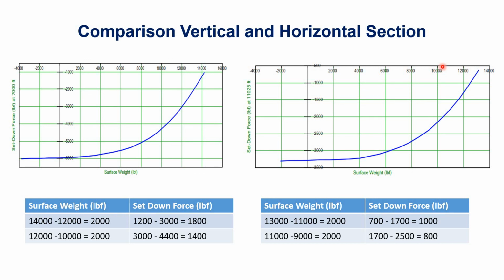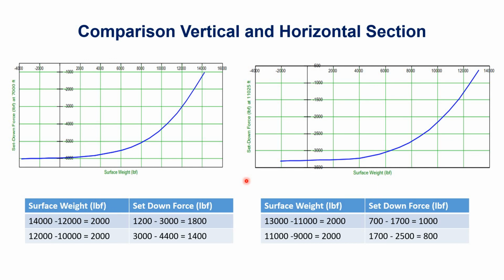This is the significance of this chart: it helps you determine how much surface weight we need to drop to put a particular value of weight on the bit. Especially in horizontal wells, this chart becomes very necessary and very useful, because in the vertical sections it is normally somehow linear: when you drop 2000 it will be approximately 2000 or 1800, something like that.